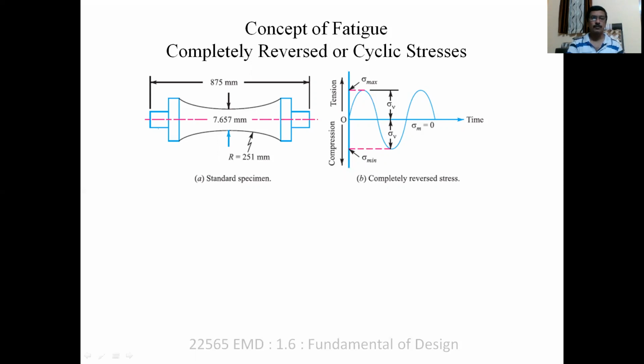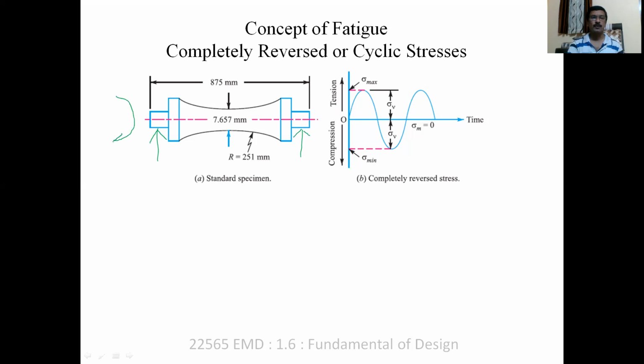Now, for example, the standard specimen is having two supports. One support is here and another support is here. And the standard specimen is a rotating member. So this is a rotating member.